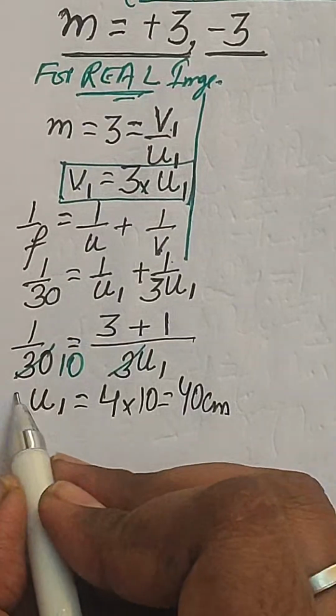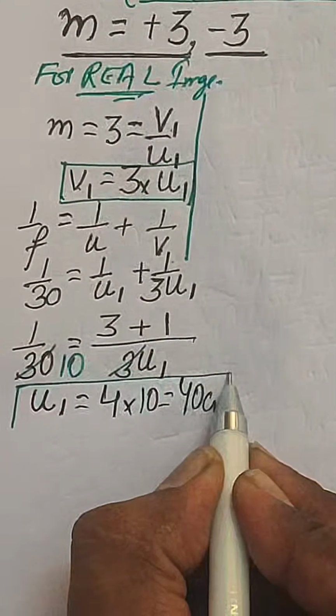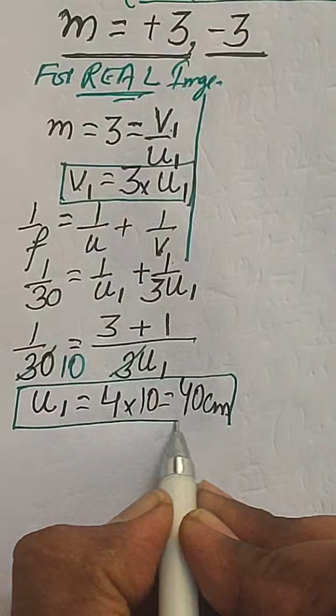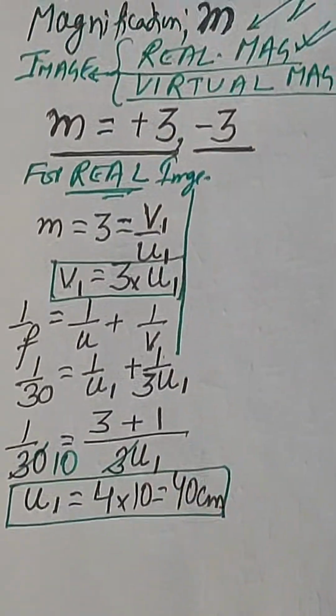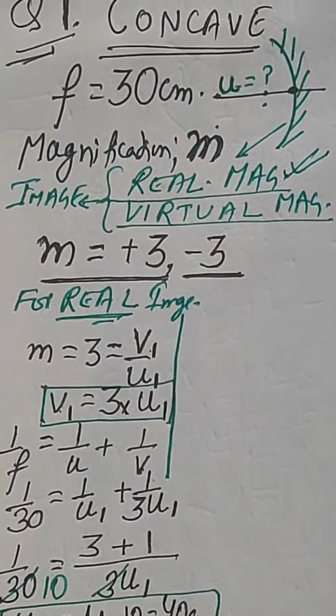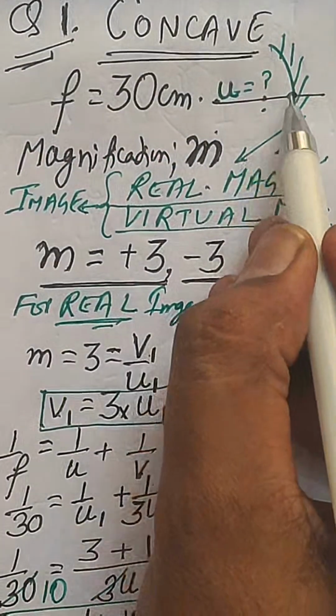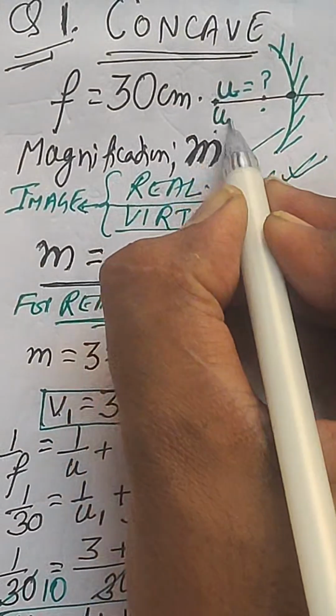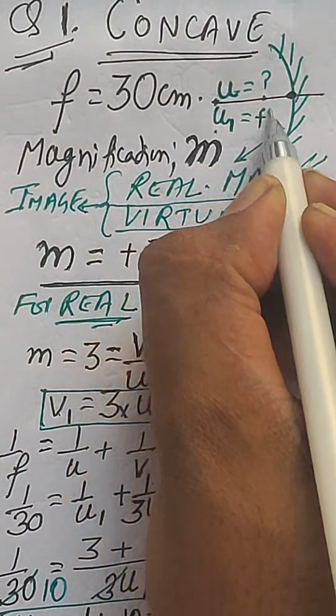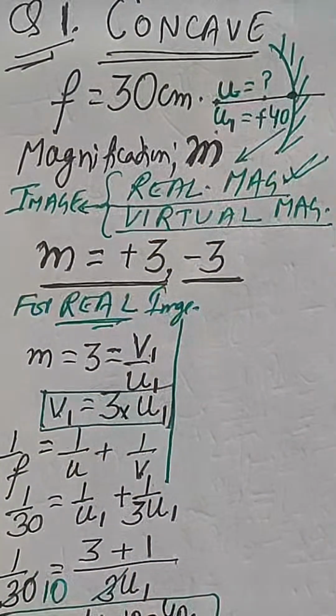One position of the object is calculated, and that is 40 centimeter in front of the mirror. So one position u1 is calculated as plus 40.